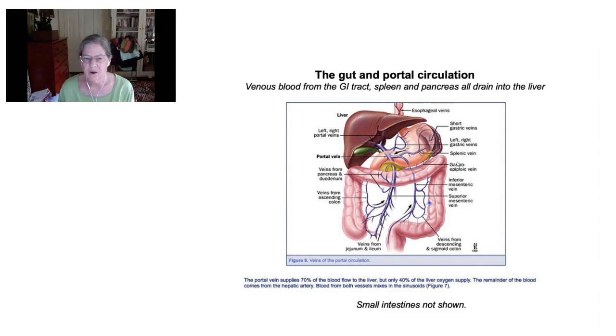So all these tissues, the liver and so forth, the arteries going to them are just like normal, but you can see here that there's this venous drainage from the esophagus all the way down to the colon that is draining your GI system, and that's taking everything to the liver, essentially.